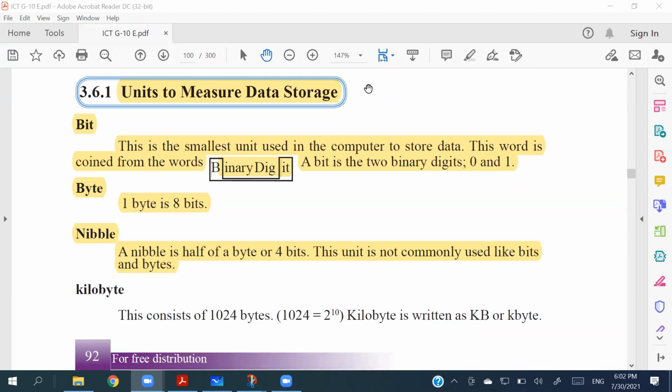Right, can we move? Right, okay. So I hope no one is writing anymore, right? Just let me know if you are.